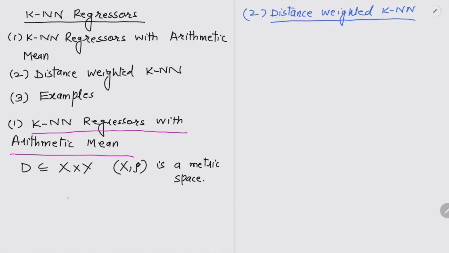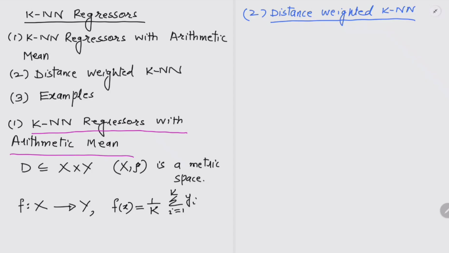Then the KNN regressor says that you need to find some function that takes an input value and gives you the answer. That value can be obtained from this function, which is 1 over k, sum over i equals 1 to k of y_i.